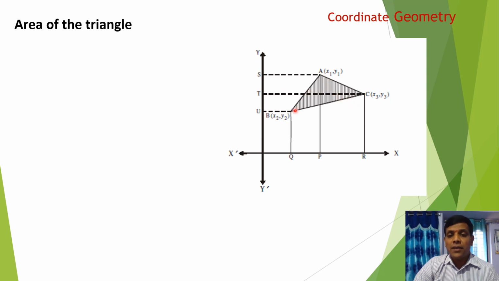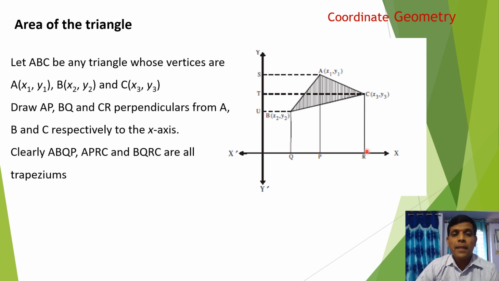So find the area of triangle. How to find it? First, one should draw perpendiculars. This is B. Draw BQ, AP and CR. Very clear?